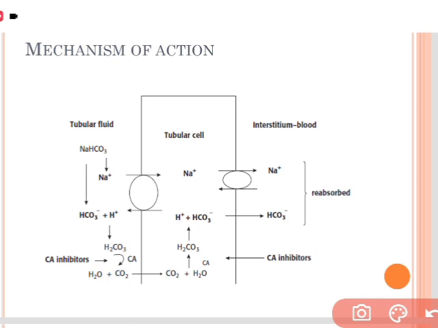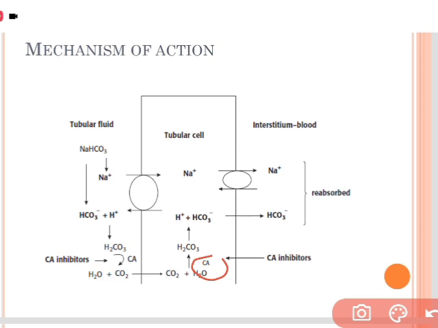So what is the mechanism of action of acetazolamide, or carbonic anhydrase inhibitors? Simply, what do they inhibit? They inhibit this carbonic anhydrase, which is present near the brush border cells of the renal tubule.